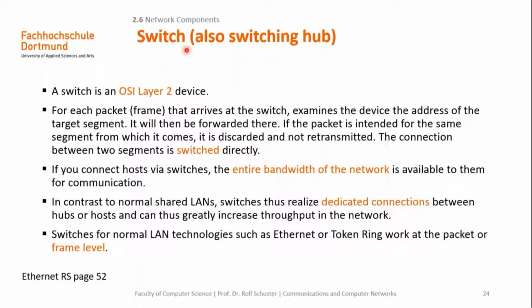In fact, in order to implement that kind of technology, we need a hub in a hub and spoke configuration, but the hub in this case, instead of performing a repeating function, performs a switching function. Then, in this case, we really say that the switch, the internetworking device, works at OSI layer 2.